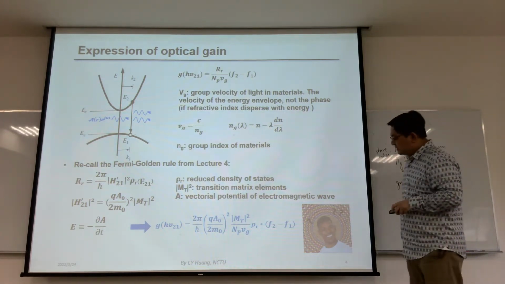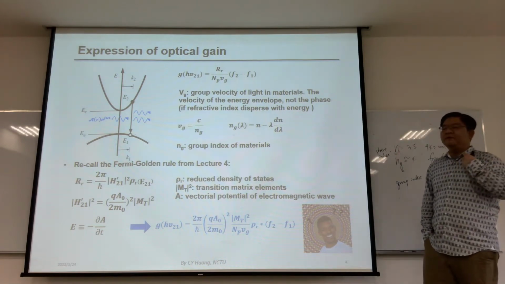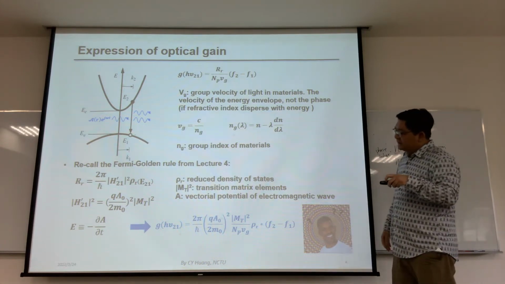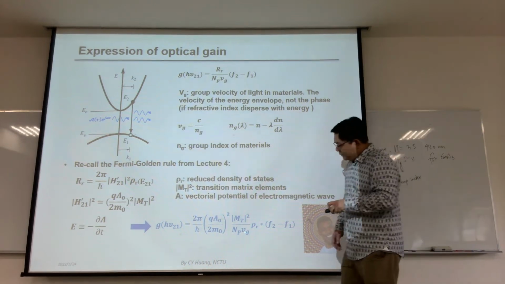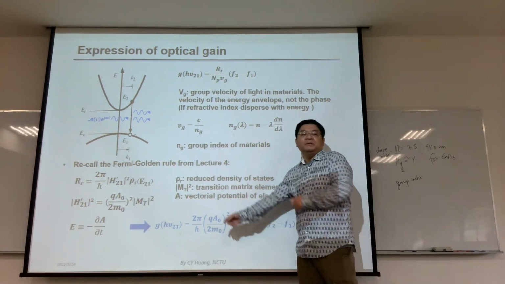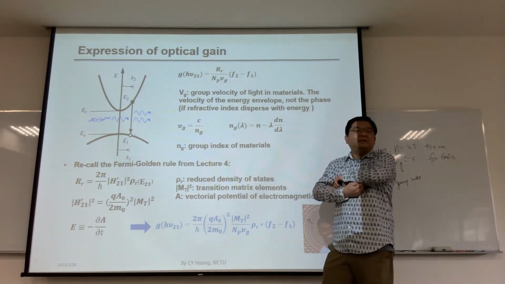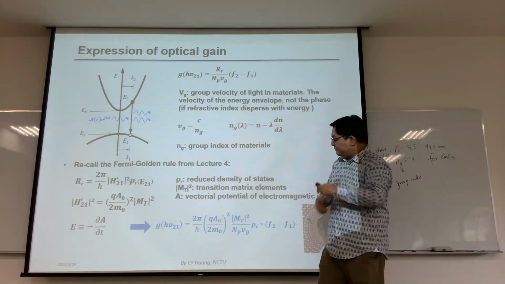Okay, when you first see that, you might feel a little intimidated. And it's still not good enough, because there is still something you don't know. What is Np? This is pretty conceptual, the photon number density. But if you ask me to give a number for that, it's difficult.